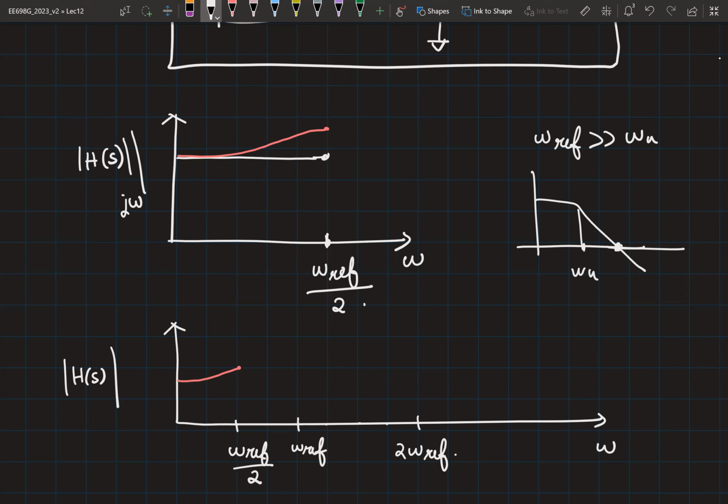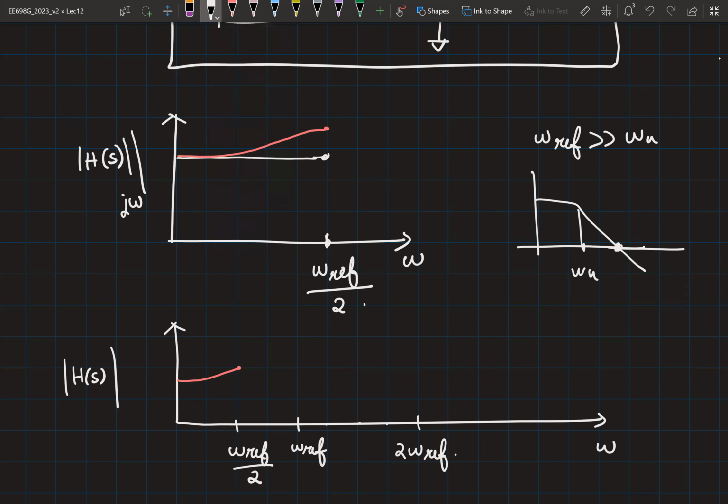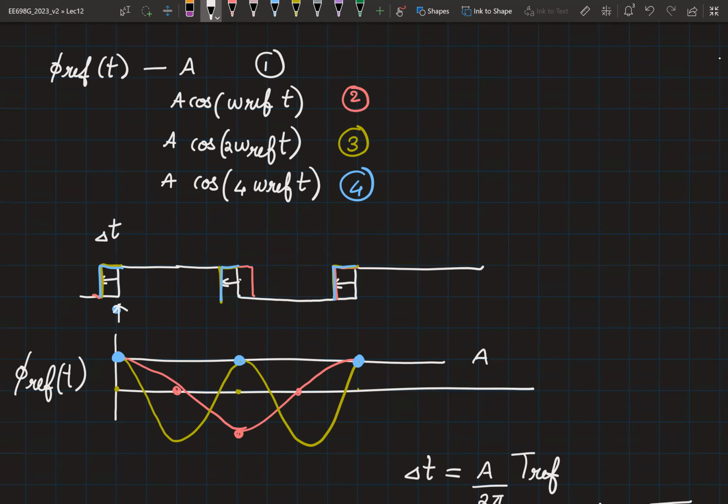Okay, can you tell me, if I give a phi ref of t with frequency at omega ref, how would the output look like? It will look like DC. So if the frequency is omega ref, we just saw earlier that there is no difference between that and the DC value.